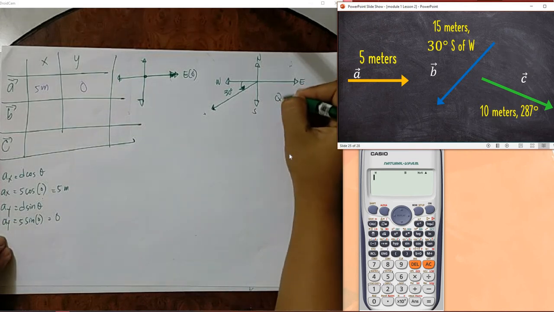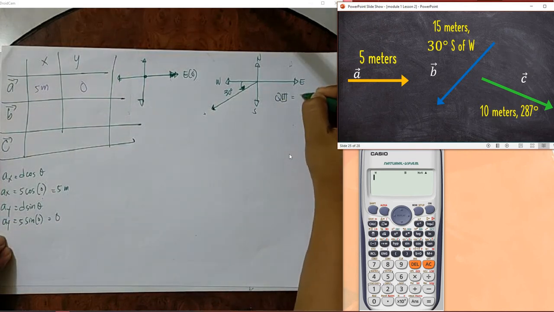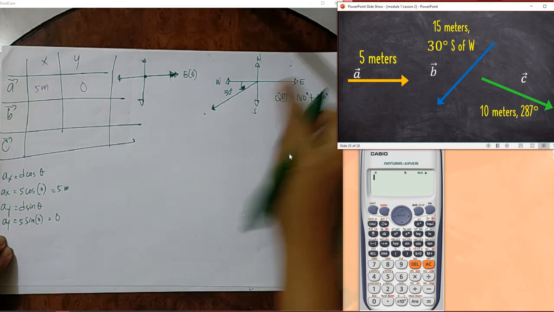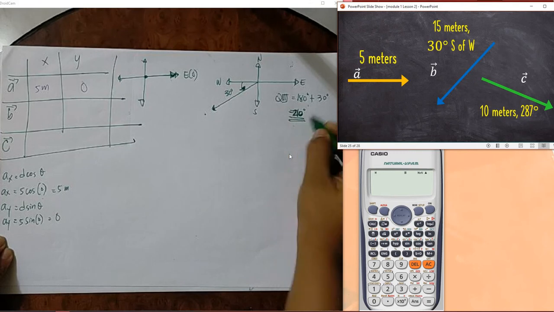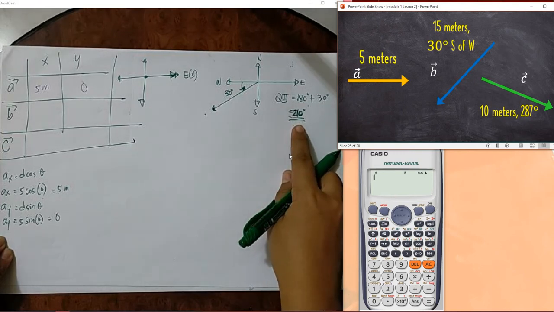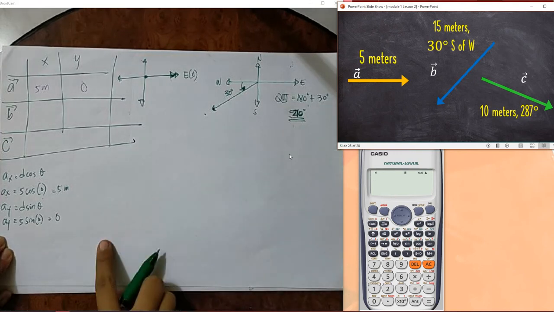So dahil nasa third quadrant siya, we're going to have this 180 degrees plus the 30 degrees na ating reference angle. So 180 plus 30, we have 210 degrees. So this is 210 degrees. So etong 210 degrees na ito yung isa-substitute natin sa ating equation.